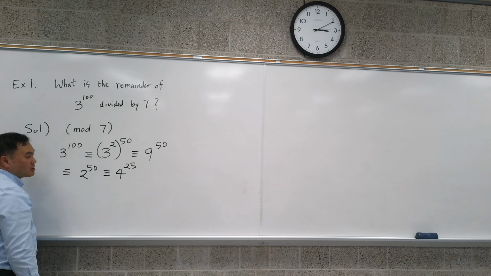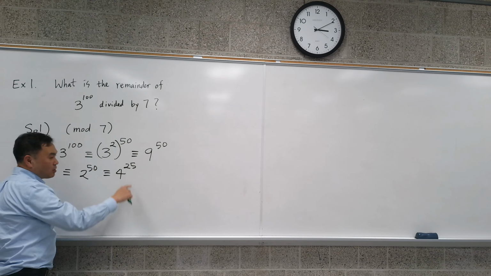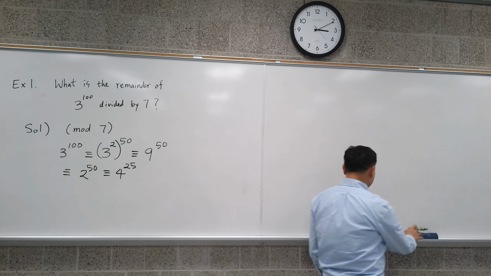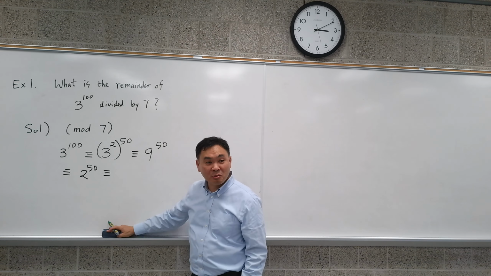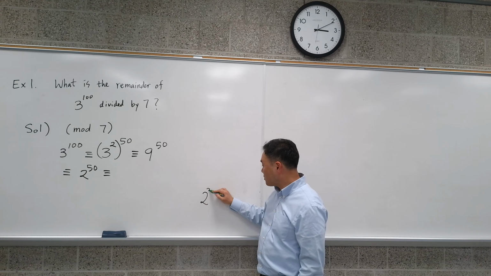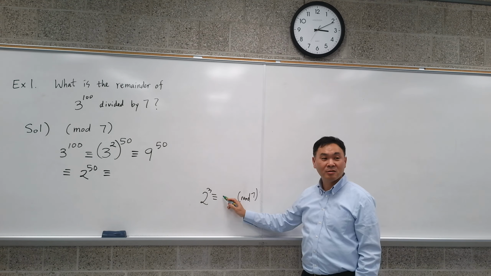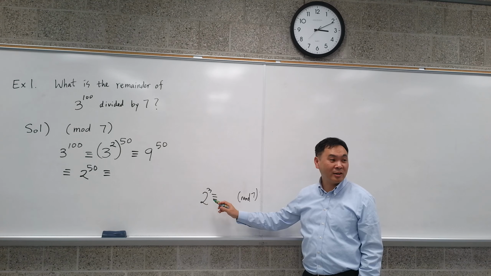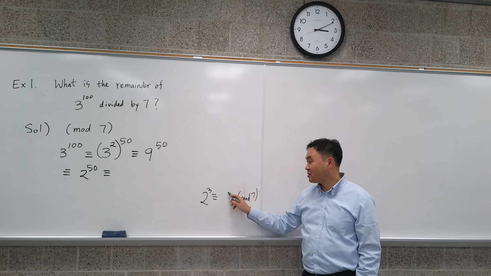And then 25 unfortunately is not divisible by 3. Oh, you know what? Here's a nice thing. What's 2 to the third power mod 7? 2 to the third power is 8. 8 mod 7 is 1, just 1.